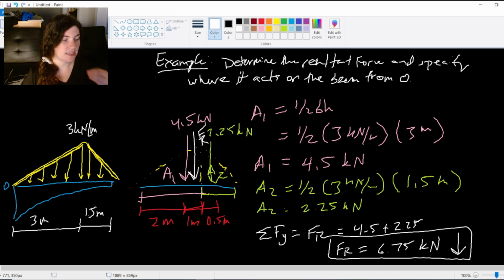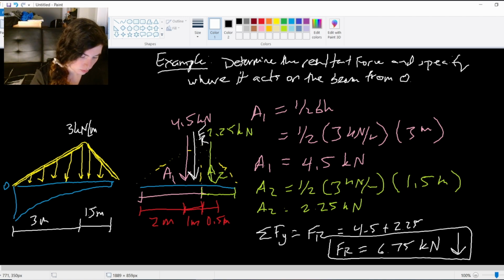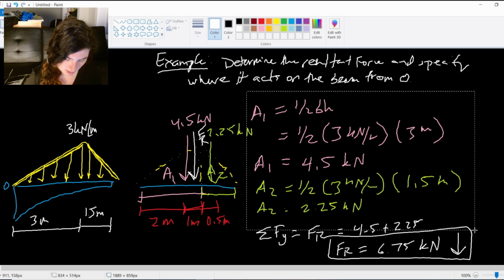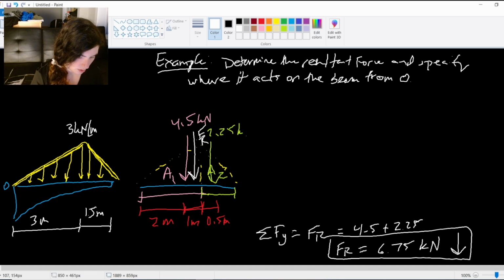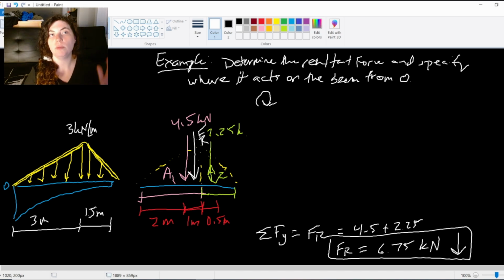So I'm going to take a moment about point O. I'm going to make clockwise positive, because my two resultant forces, my 4.5 and my 2.25, are both acting downwards, and so if I make clockwise positive, I'll end up with positive moments, and it'll just be a little easier to work with.